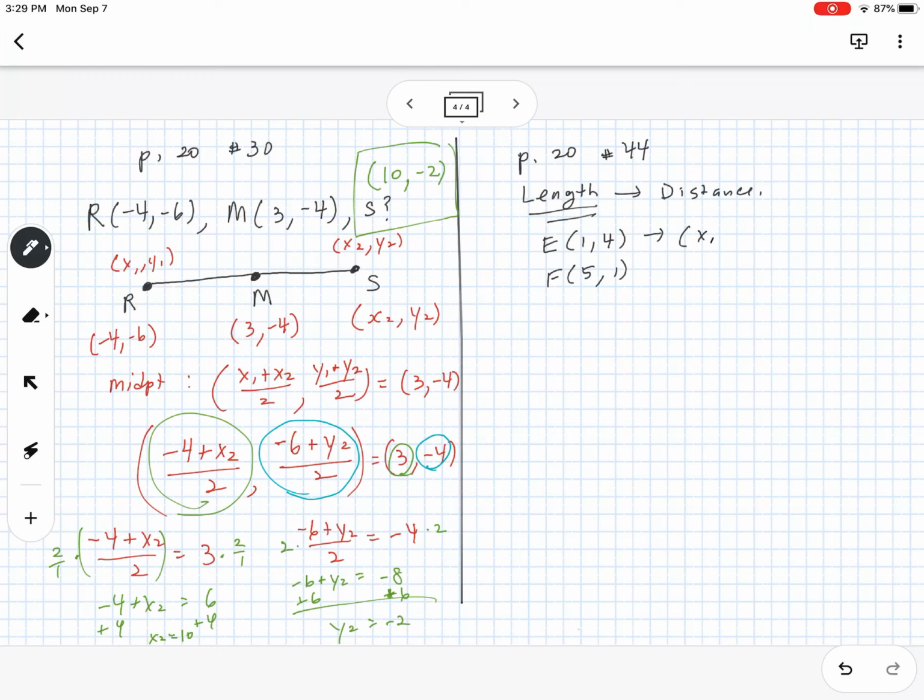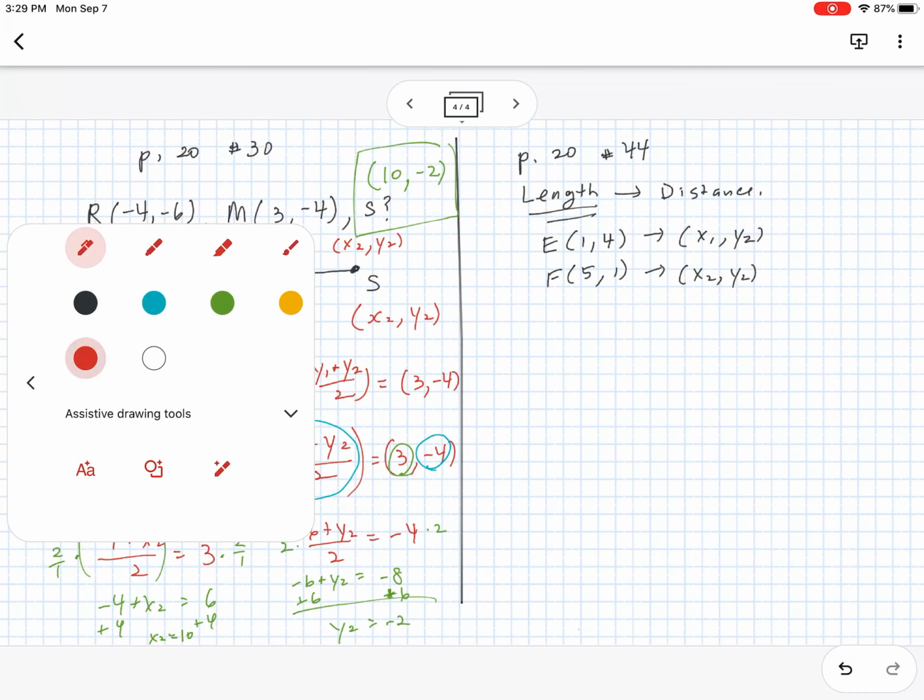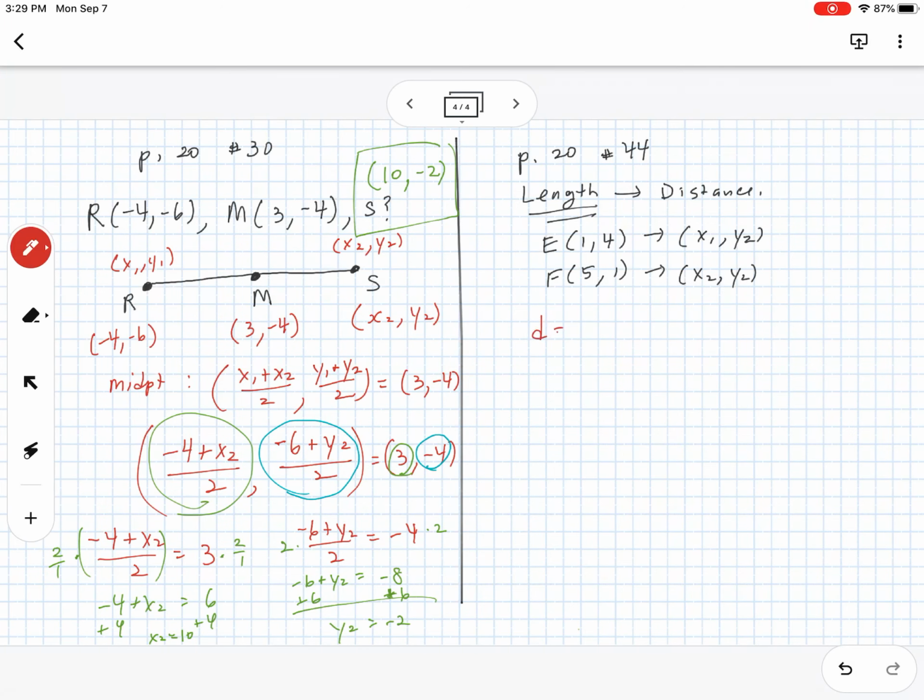So knowing that the first term is x1, y1, and knowing that the second term is x2, y2, we can use our distance formula here. Remembering our Pythagorean theorem, a squared plus b squared equals c squared. So this is equal to the square root of x2 minus x1 squared plus y2 minus y1 squared. And then I just plug and chug.